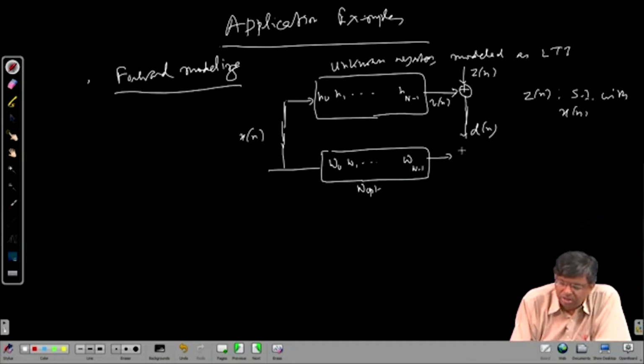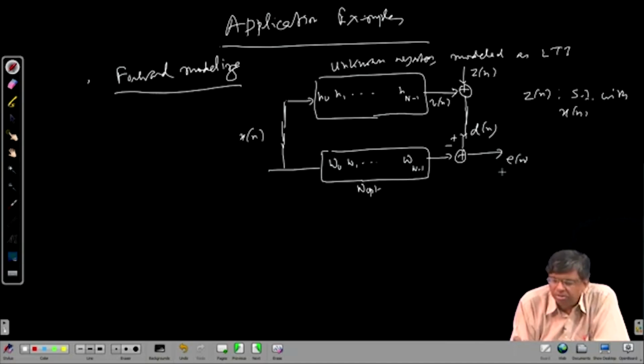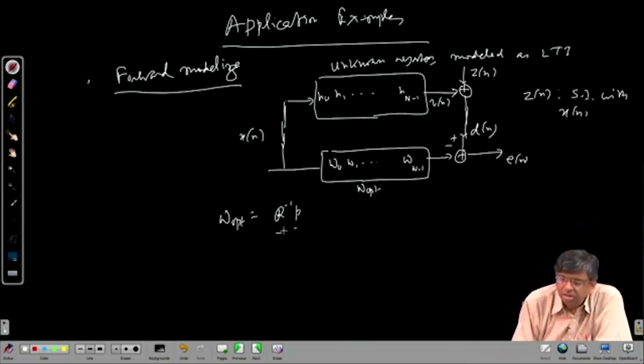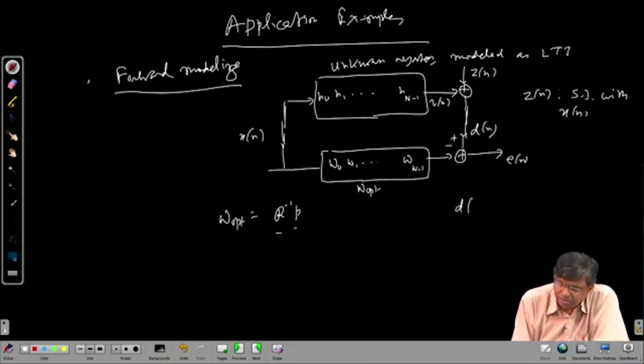So, if you want this to be an optimal filter, so that output error variance is minimized, the W opt will be what? We know the formula R inverse P, right, R inverse P. P is the cross-correlation between Xn vector and Dn, and R is the input autocorrelation. Now, what is Dn?